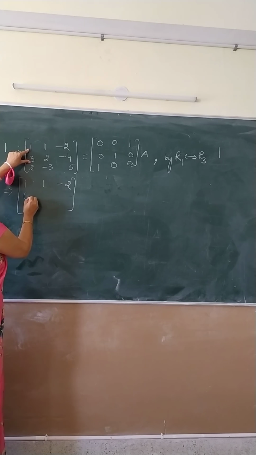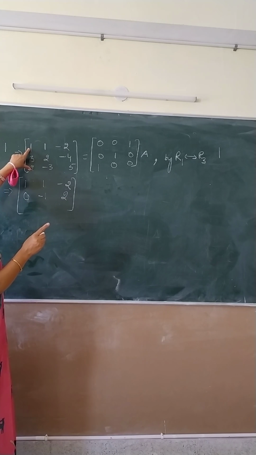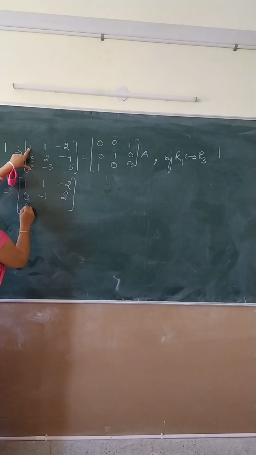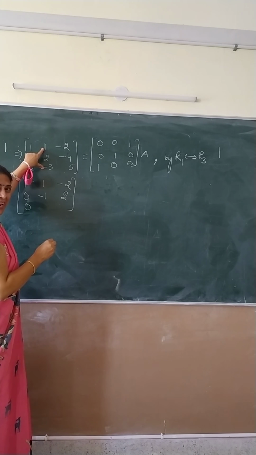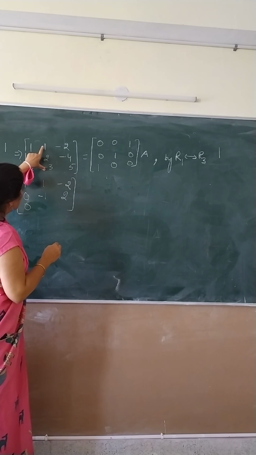Now how will you make? Multiply this by 2, subtract from here, you will get 0. Multiply this by 2 and subtract from this, you will get what students? You will get minus 5. Clear? Or multiply this by 2 and subtract from this, you will get 5 plus 4, 9.